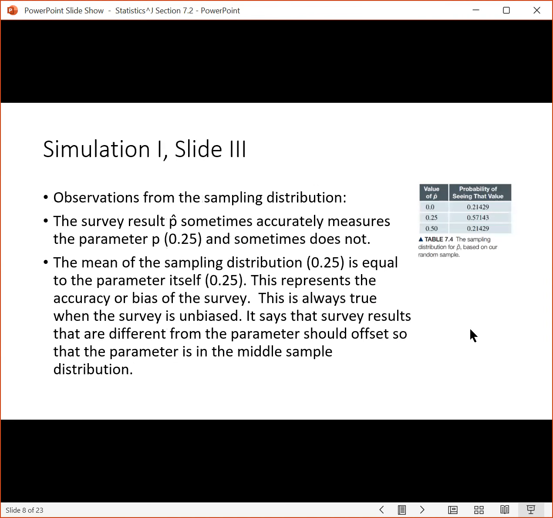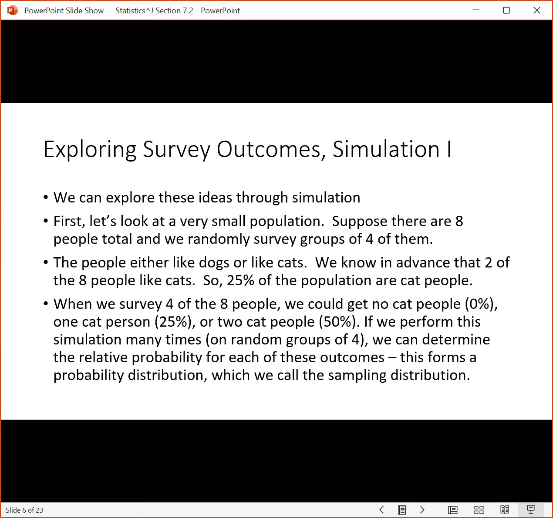All right, so what can we learn from that? One of the things that we can learn is that the survey result, the result of the survey, for which we use the symbol p hat, sometimes accurately measures the parameter. The parameter in this case is something we know. The parameter is this number right here. It's the percent of the population that are cat people. So we know the parameter in this case. It's 25%.